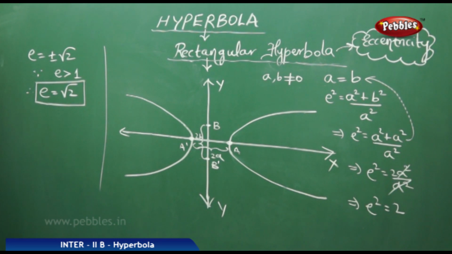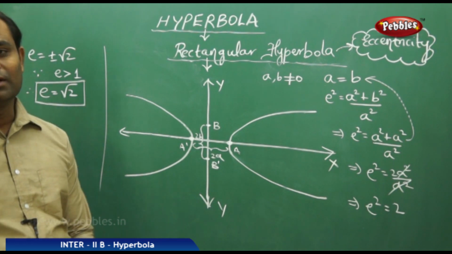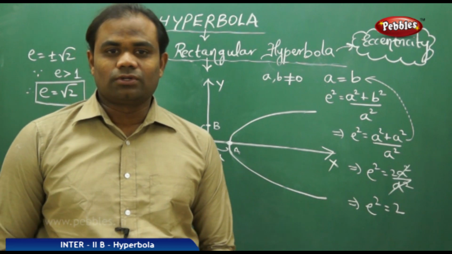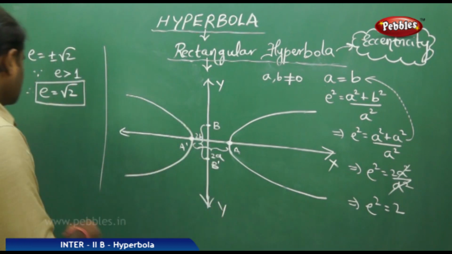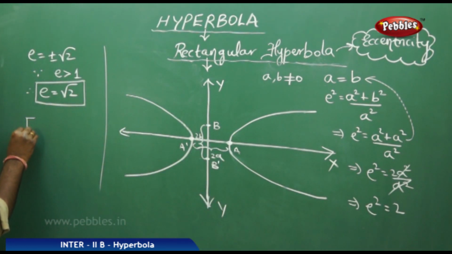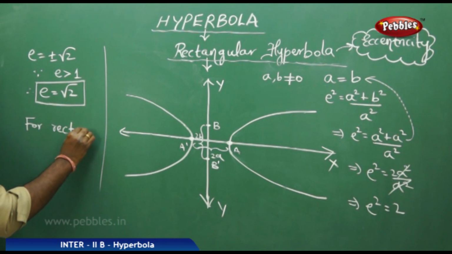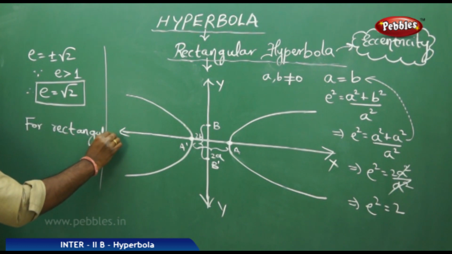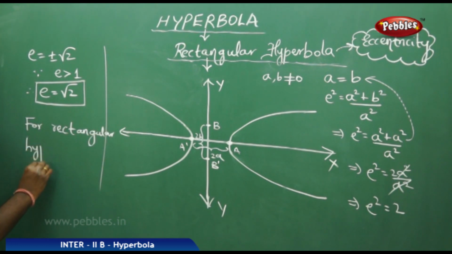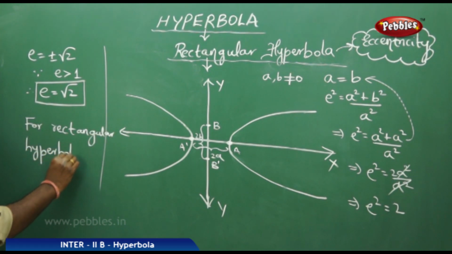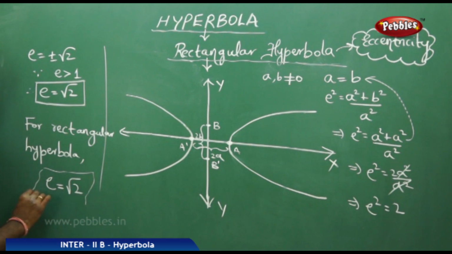So I conclude that for a rectangular hyperbola, the eccentricity is root 2. The condition for a rectangular hyperbola is E equals root 2.